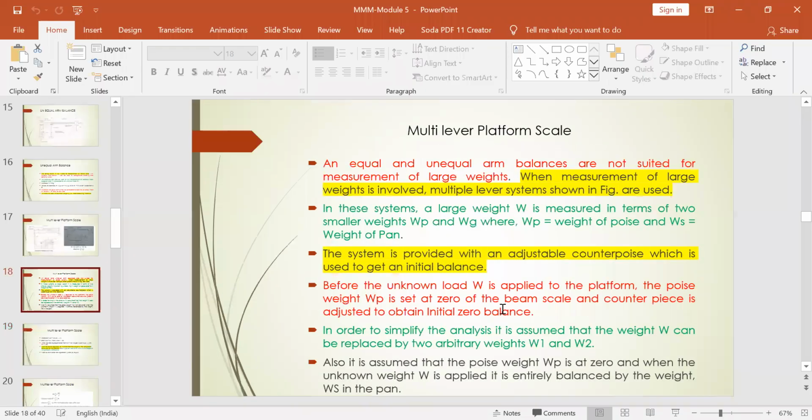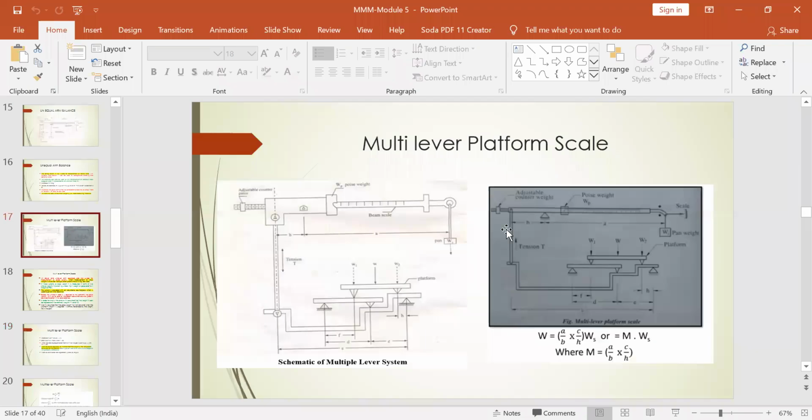Okay, so T can be eliminated from the equations. That means the tensional force which originated due to the balanced arm with the effect of the pan weights is not related to the platform we are associating here for the bifurcation of the weight into W1 and W2. It is not related anywhere. So you can place W in any position. The only thing we have to see is balancing the poise weight with the addition of the pan weight initially.